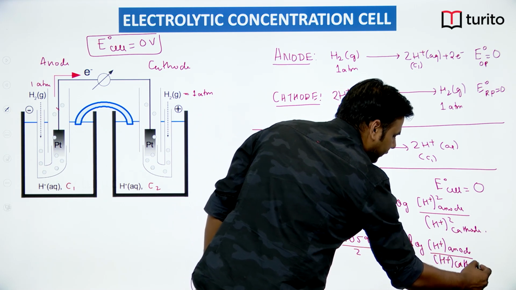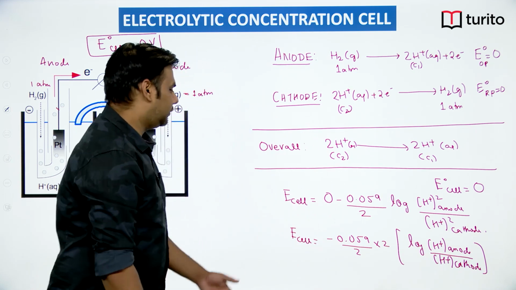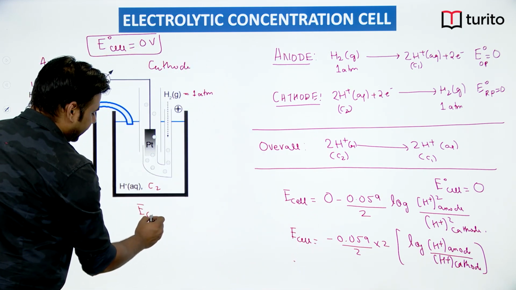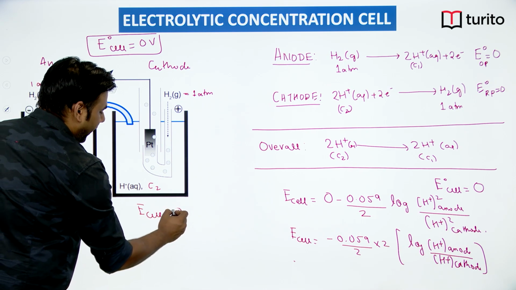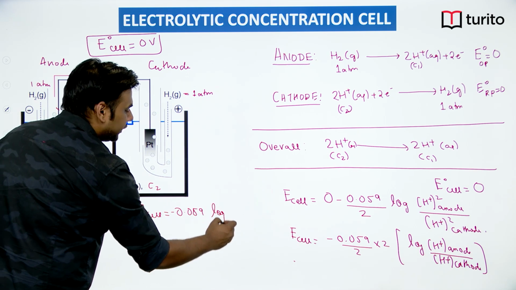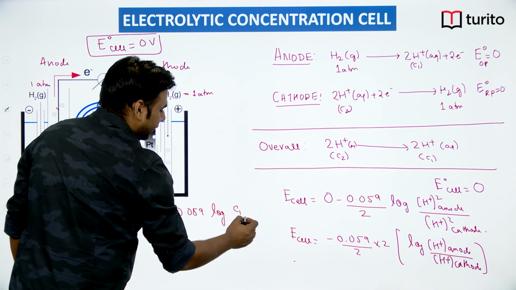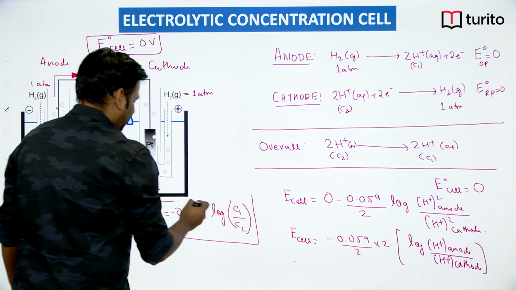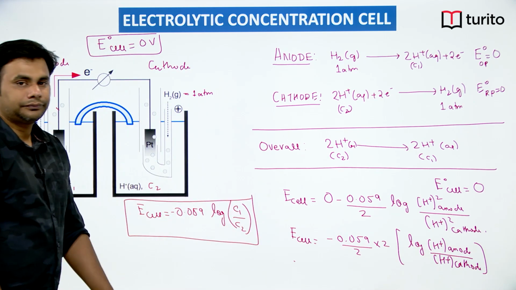Now I am just going to use this formula again. So for this cell E cell is equal to minus 0.059 into log of H plus of cathode was C1 and H plus of anode was C2. Okay, hope this is clear to you now.